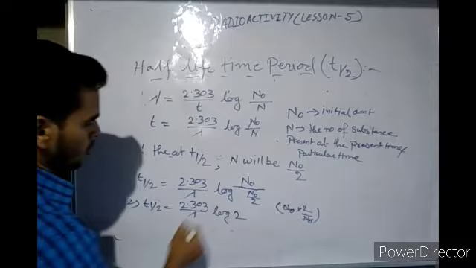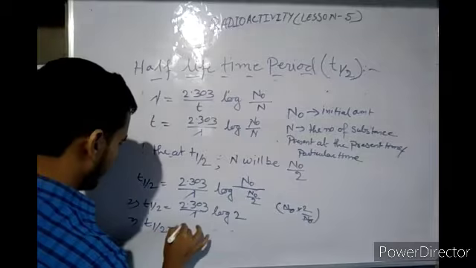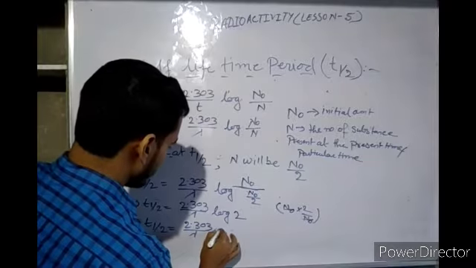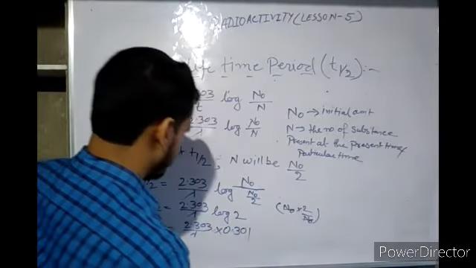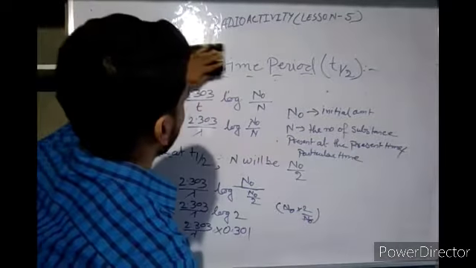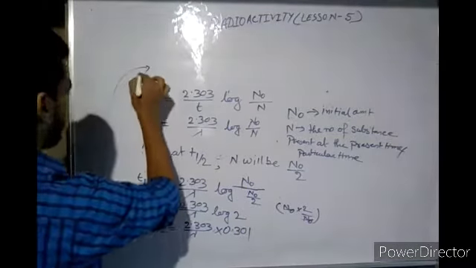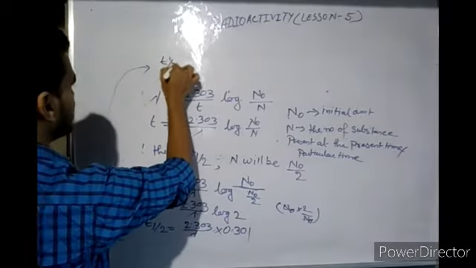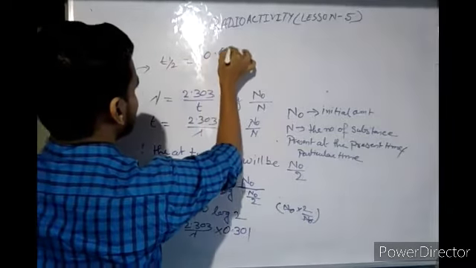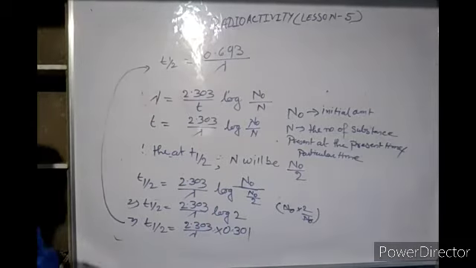N0 cancels, leaving log 2. So T half is equal to 2.303 by lambda, and the value of log 2 equals 0.301. Then T half will be 0.693 by lambda. It is the equation.